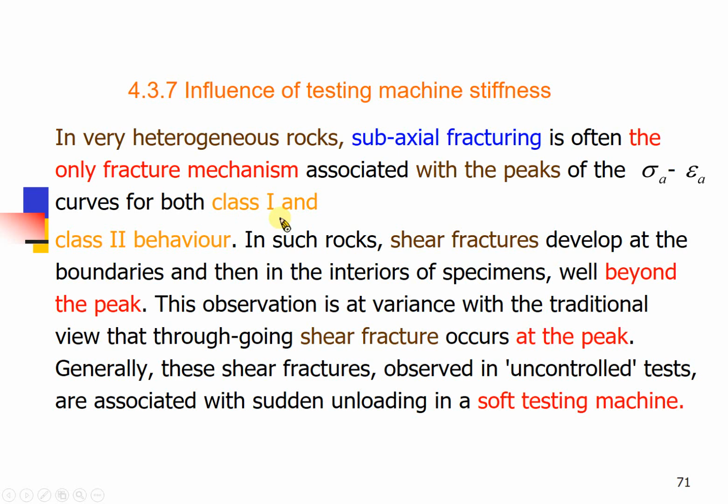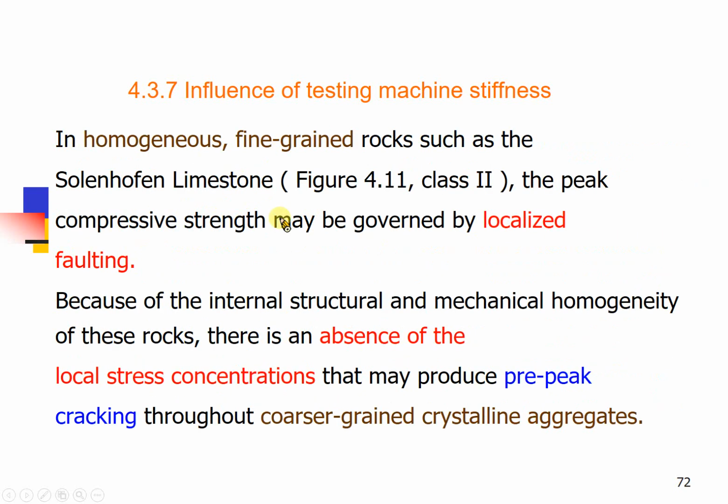If you have maximum principal stress in this direction, then you will have many vertical fractures. Okay, so this will be some mechanism for different types of the rock. It will also talk about the different classes of the rocks.